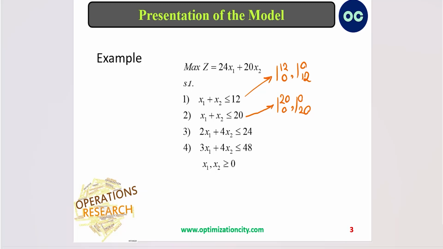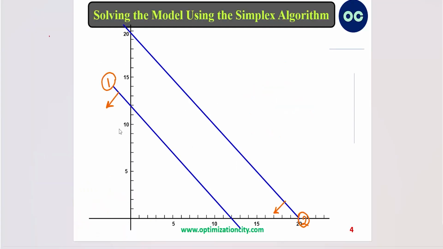Constraint number 3. Plot the line between 2 points, 12, 0 and 0, 6. Plot 12, 0 here and 0, 6 here.